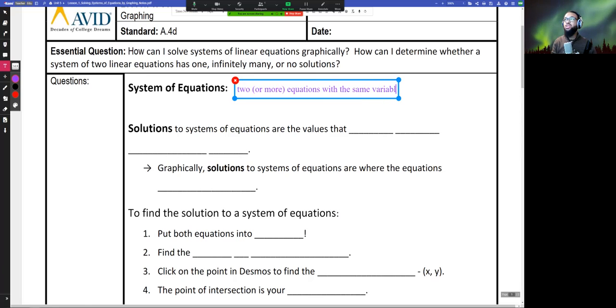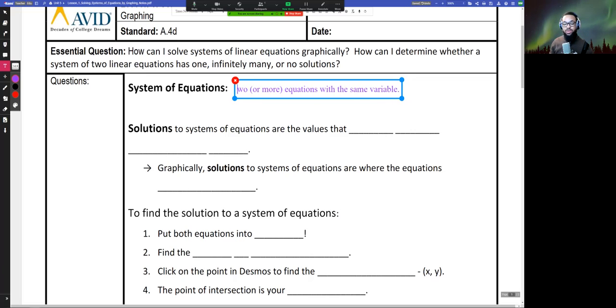So if I've got two equations and both of them have x and y, that's a system. If I have two equations and both of them have p and q or s and t, any two equations that share the same variables, okay? That's our definition of a system of equations.